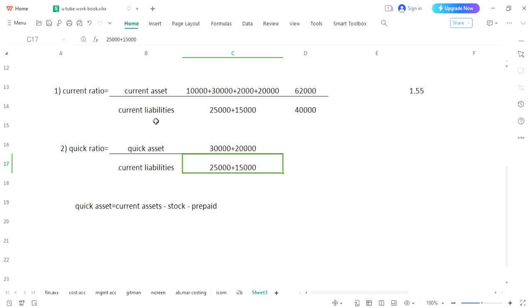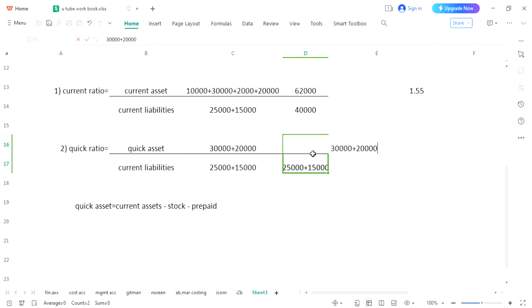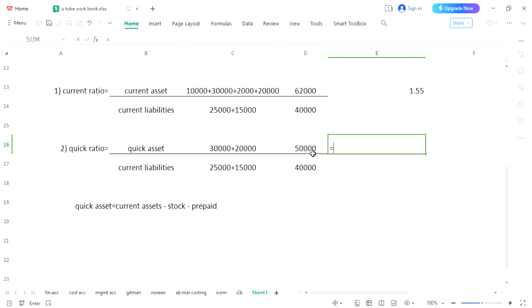Both formulas have the same current liabilities, and here we will calculate the sum of these amounts. We'll put these into the calculator. First we have the sum of quick assets, then the sum of current liabilities, and now we are going to put it into the calculator.